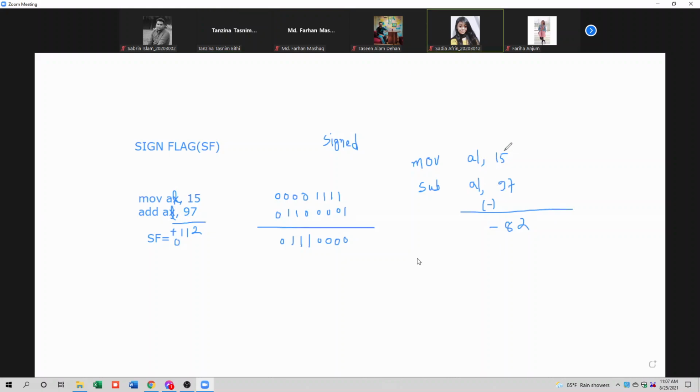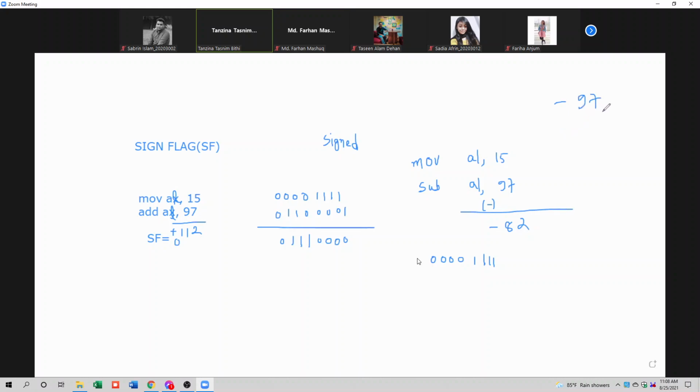Right? What is the binary representation of 15? The binary representation is 0, 0, 0, 0, 1, 1, 1, 1. What about 97? 0, 1, 1, 0, 0, 0, 0, 1. But we know that for a subtraction operation, we can do one thing. We can at first find out the 2's complement of 97. That means we are going to find out minus 97.